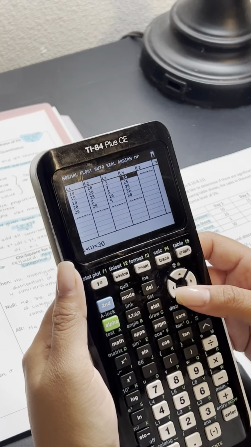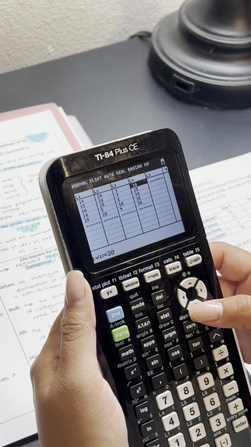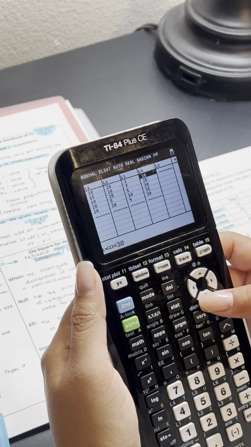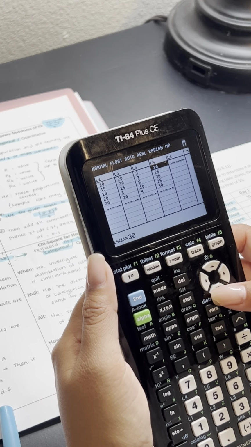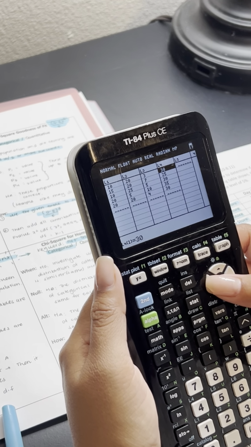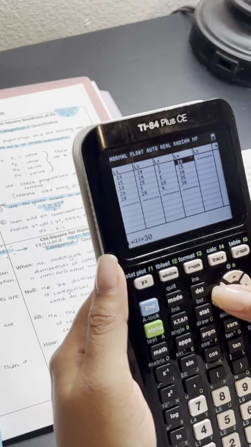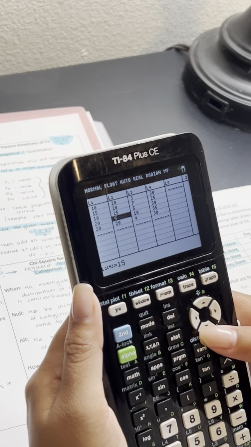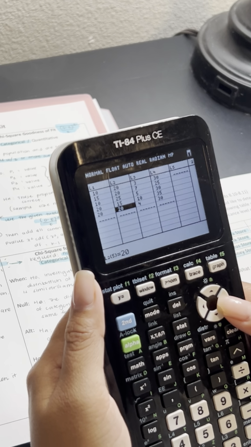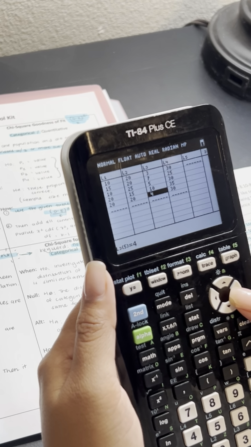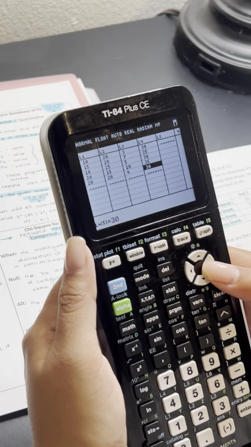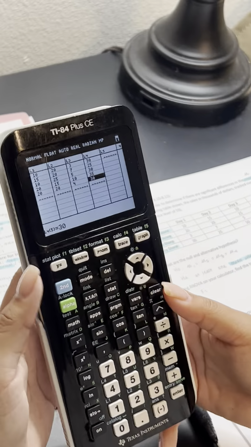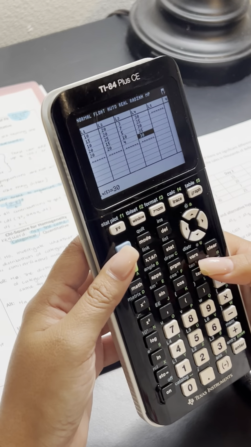Let's see if I put my values in correctly. 10, 10, 20, 20, 20, 20, 25. Oh, I think I found what this is supposed to be, 15. And 20, 3, 7, 5, 10, 4, 30, 25, 30, 35. Okay, so that's a good thing that we caught that on time.